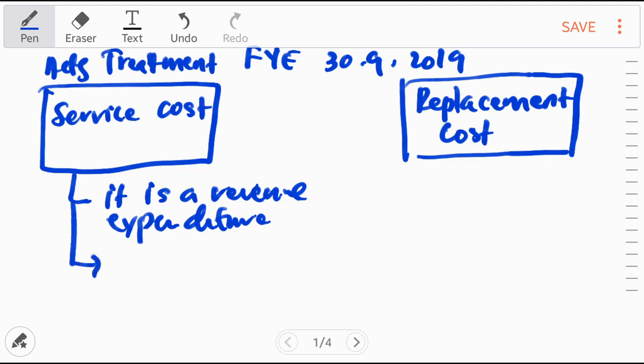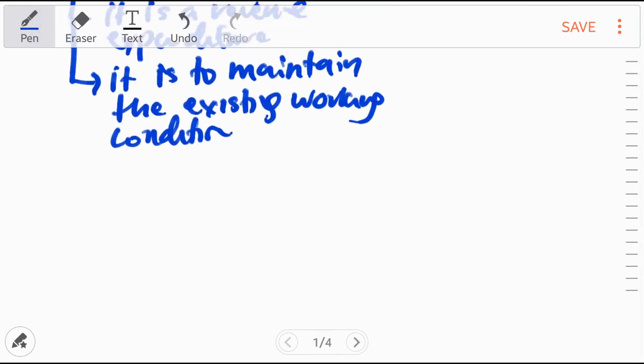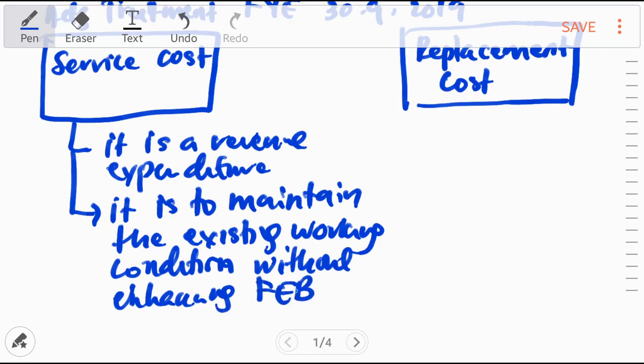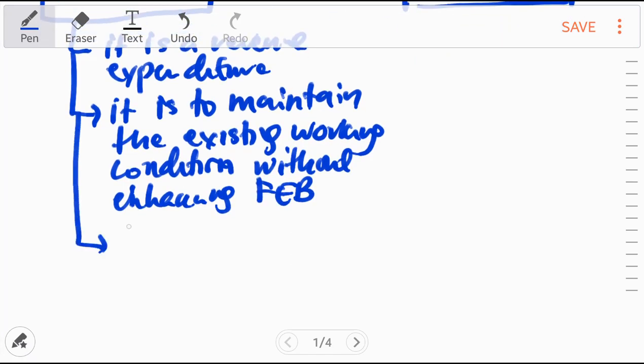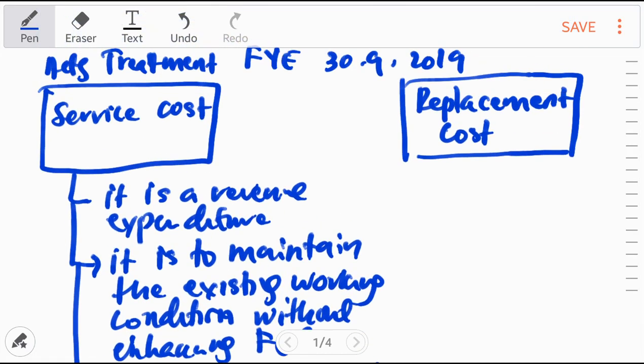Because it is incurred to maintain the existing working condition, and that means it does not enhance future economic benefit, FEB, and therefore it is to be expensed off in the SOPL for the year ended 2019.